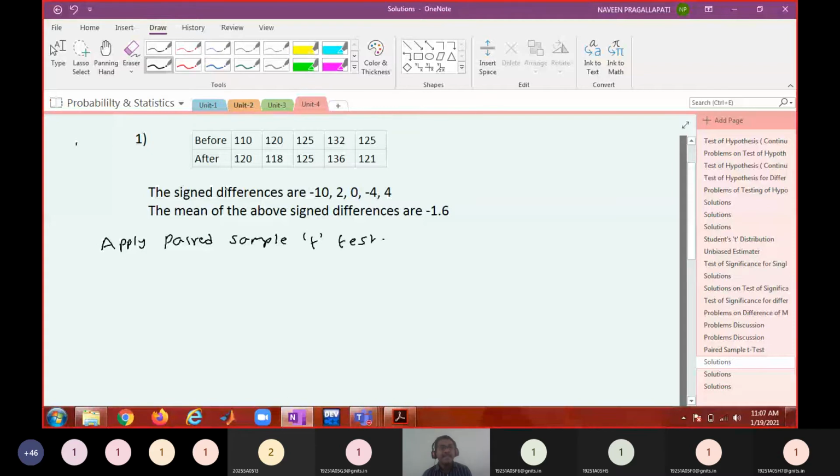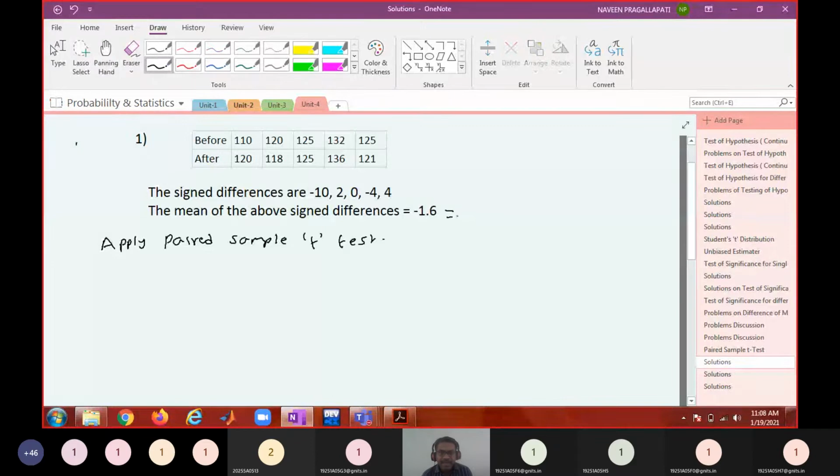Before applying the paired sample t-test, please find out the variance also. So what is this -1.6 called?